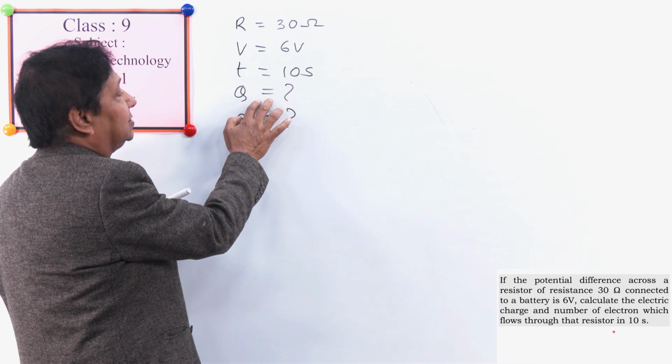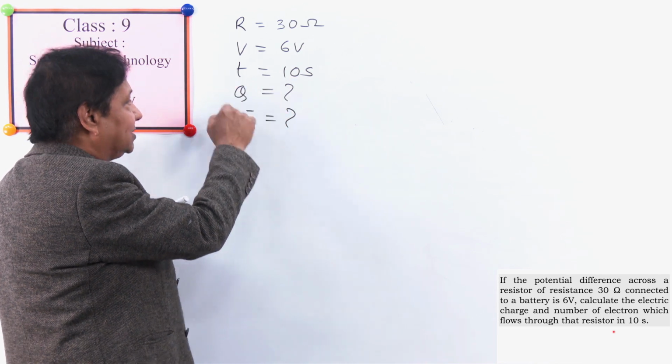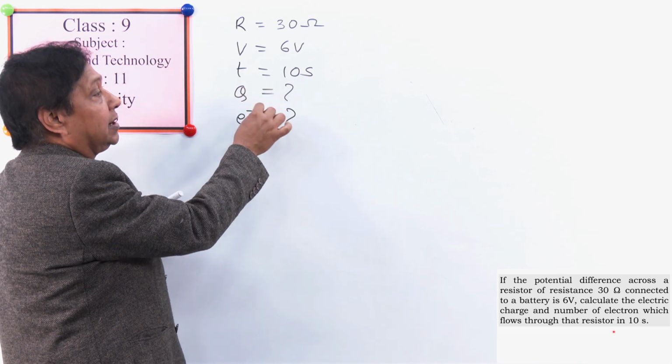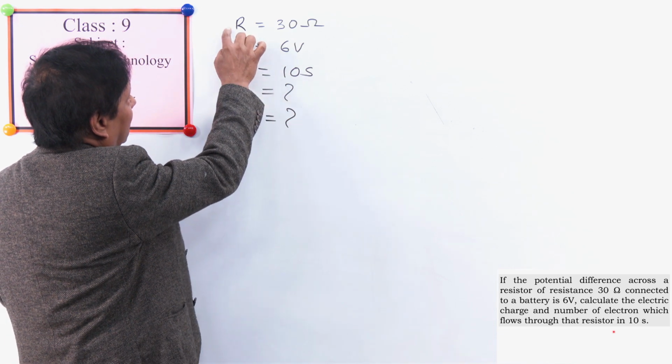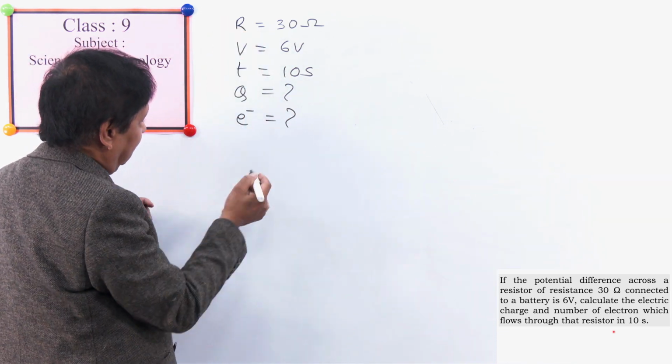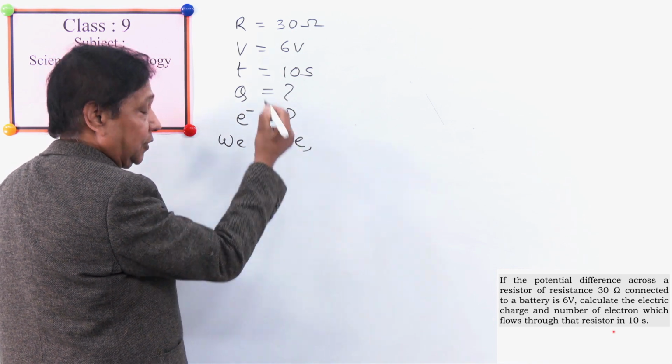What are we going to calculate? Q. But directly we cannot calculate Q. First we must have the current and then we'll be able to calculate the charge. How to find the current? With the help of V and R we can find the current.